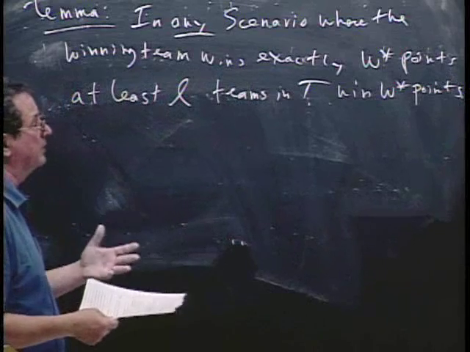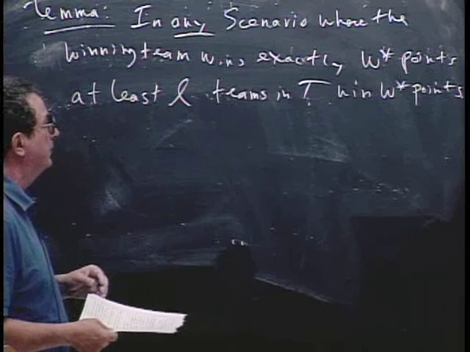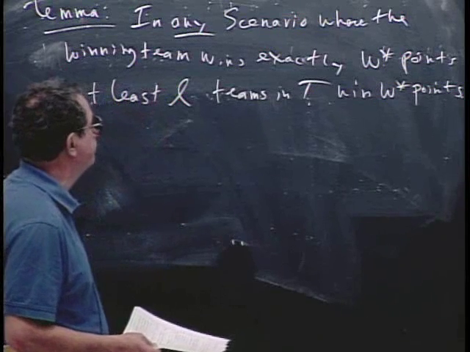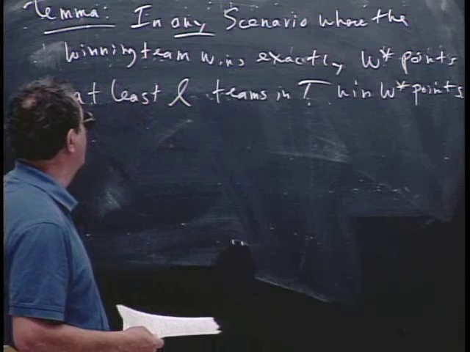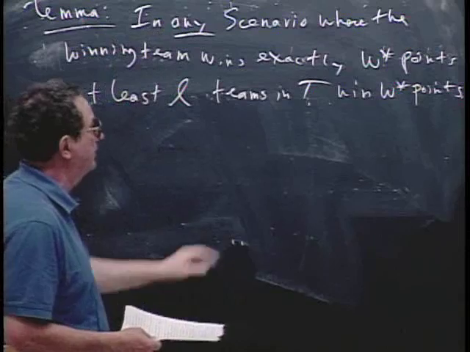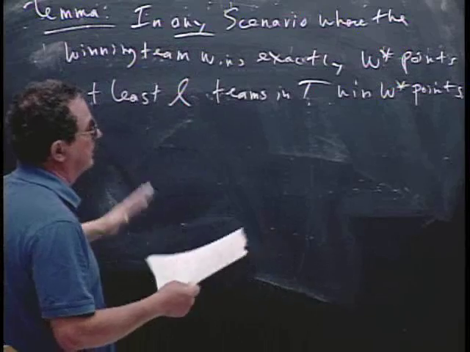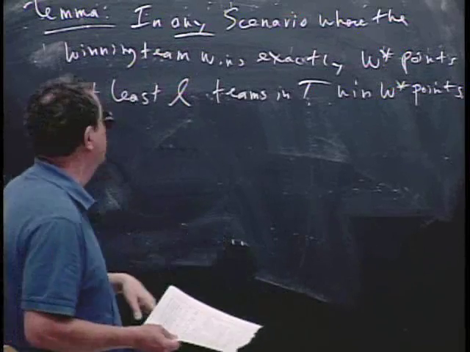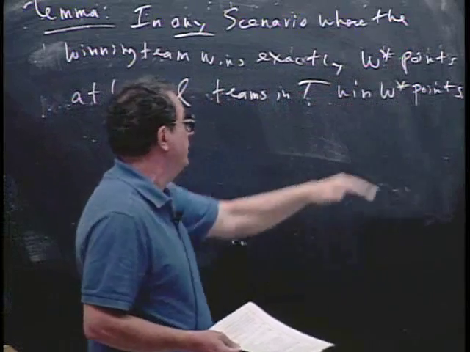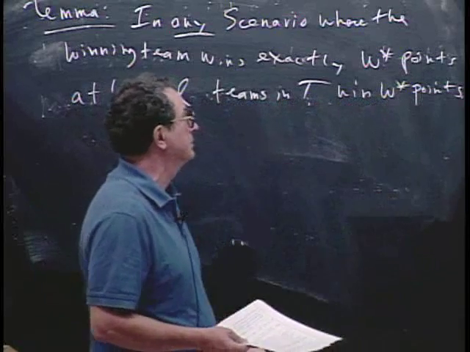We're asking about whether team I can be the undisputed winner if it wins W star points. And this is saying, over all possible scenarios for the remaining games, if the winning team does in fact win exactly W star points, then at least L teams in T win W star points.